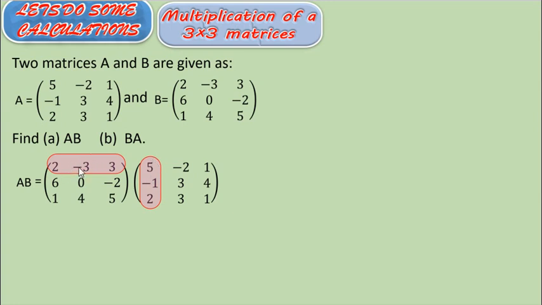The second element in this row will multiply the second element in this column. The third element in this row will multiply the third element in this column. So that's how it's going to be.